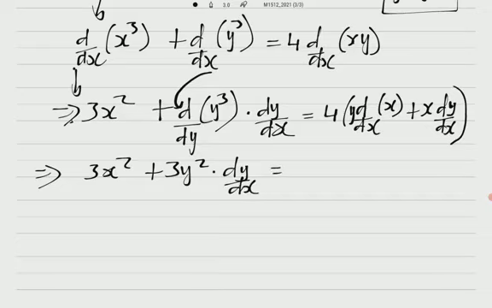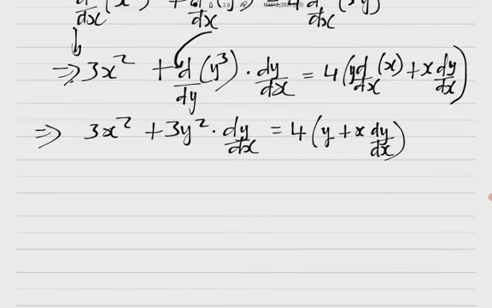We are looking for dy dx. So for the first part on the right, d/dx of x is just 1, so you're left with just y. Then this part you will be left with x times dy dx.